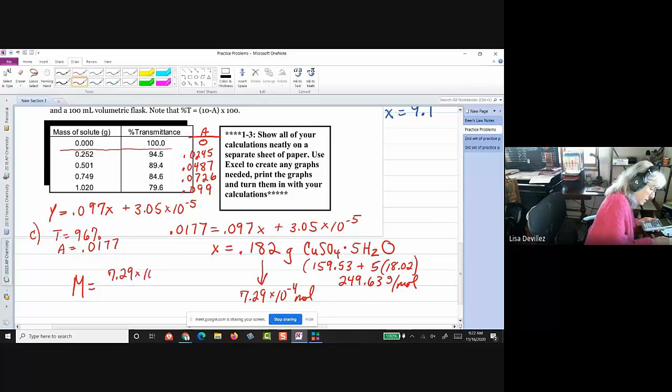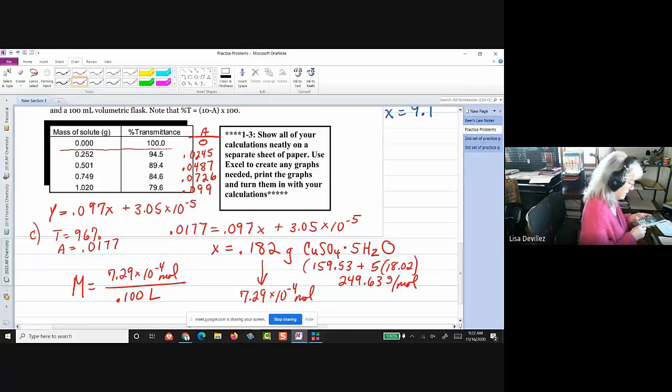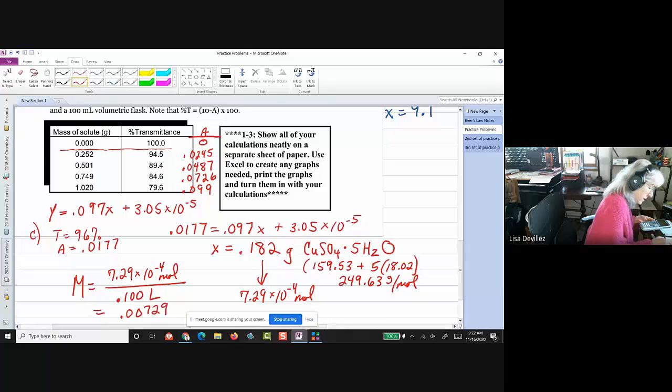It was a 100 milliliter flask, so 0.1 liters, and I get a molarity of 0.00729.